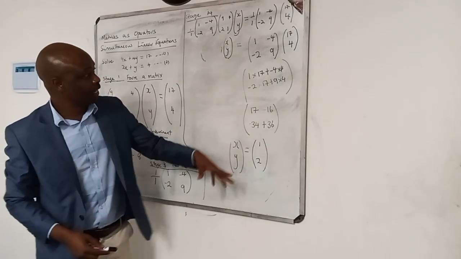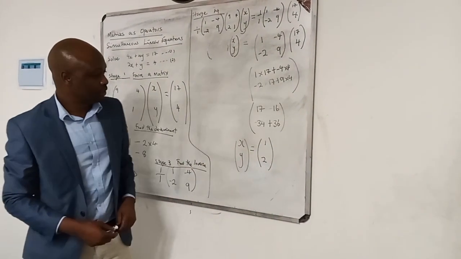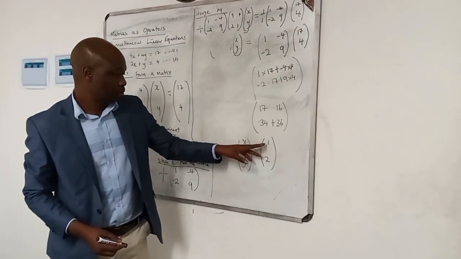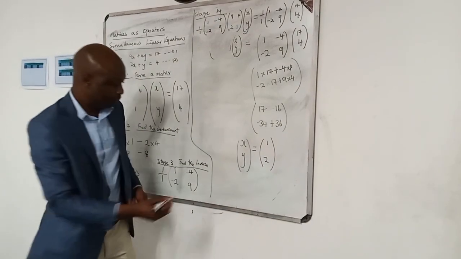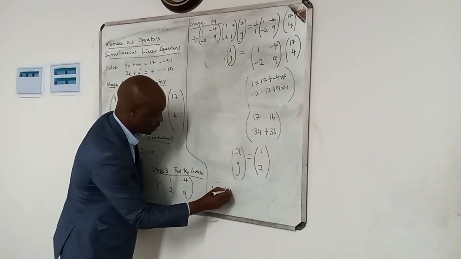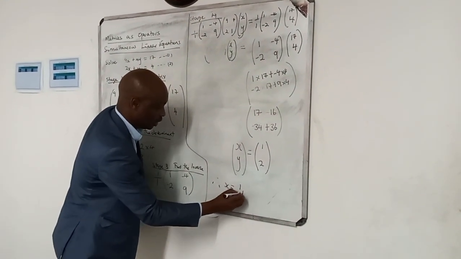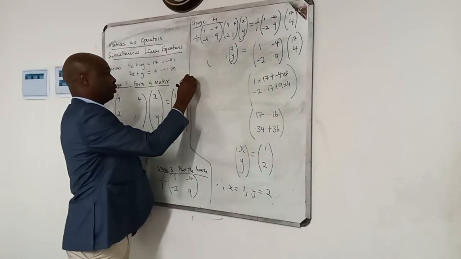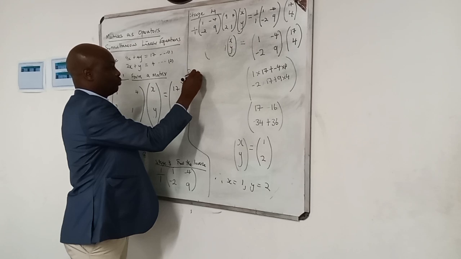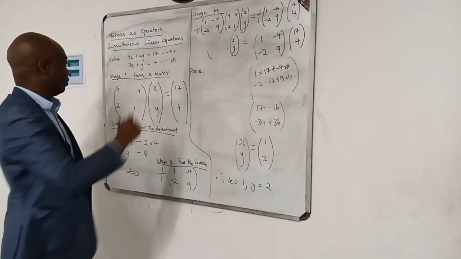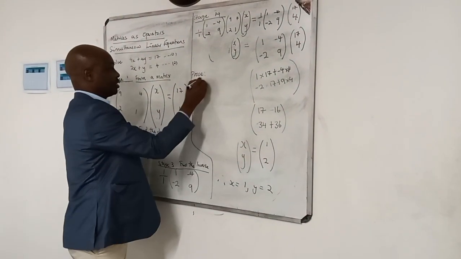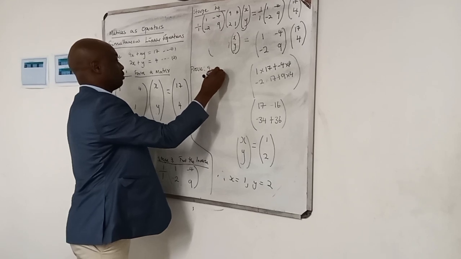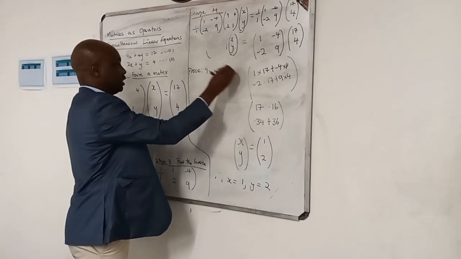So after multiplying the inverse by 17, 4, she got 1, 2. Therefore, x is equal to 1 and y is equal to 2. Now we want to prove. To prove, we take any of the equations above. Let's use 9x plus 4y equals 17.